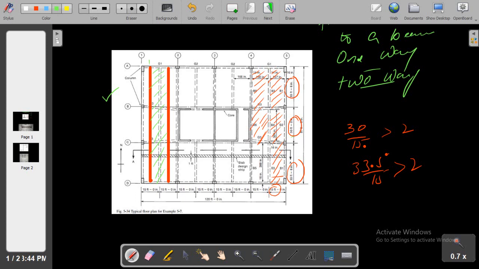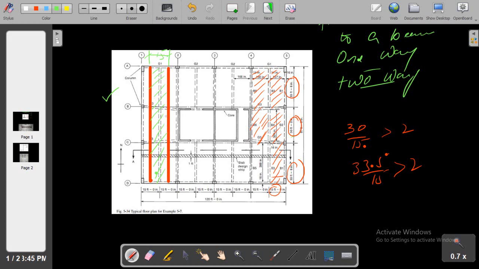Now what will be the width of this area? This width will be equal to 15 divided by 2 plus 15 divided by 2, which comes out to be 15 feet. And the overall length of the beam will be 33.5 plus 30 plus 33.5. So it will give you the overall loading on this beam.